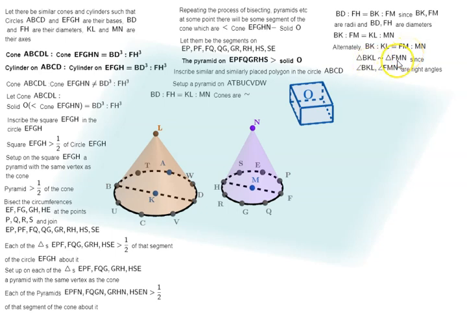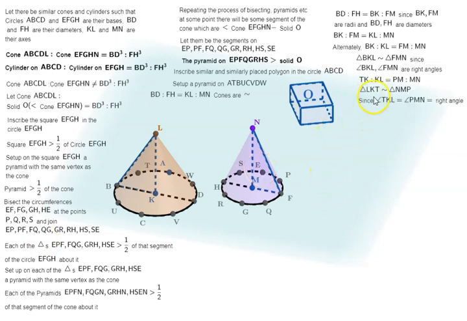So we can say these triangles are similar. PK is to KL as PM is to MN.